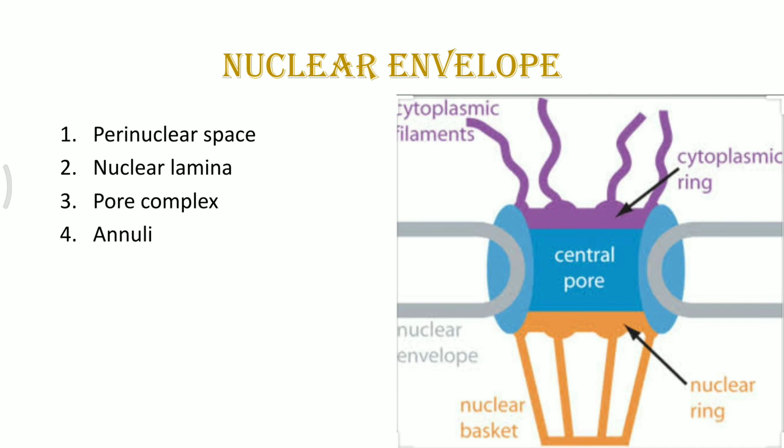Now the origin of the nuclear envelope: it does appear just after or during telophase, and it is formed with the help of small vesicles which come and join together and fuse. These same vesicles disperse or break off during prophase, because the nuclear envelope has to disintegrate to allow the chromatin material to be suspended within the cell.